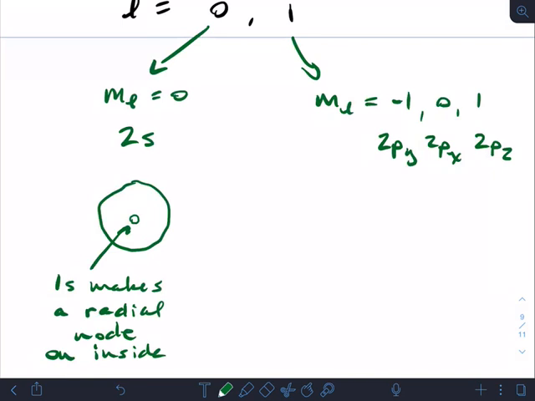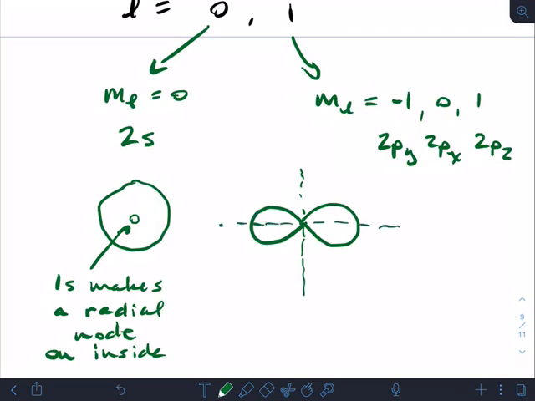Now I don't want you to get hung up on which number is which. Just know that these are set up in 3 dimensions, right? We're starting to talk about more than just 1D particle in a box. So the way this works is the equation for this gives us a probability density that looks like this. And let's say we're talking about the 2px.